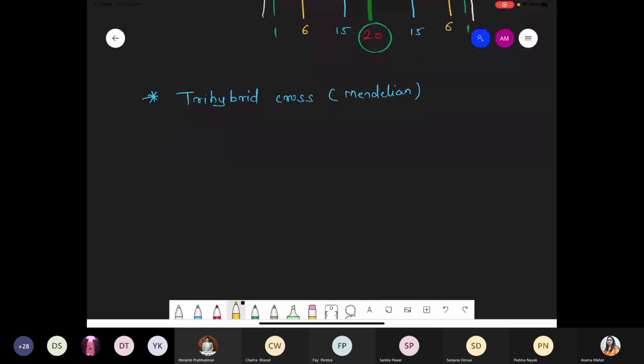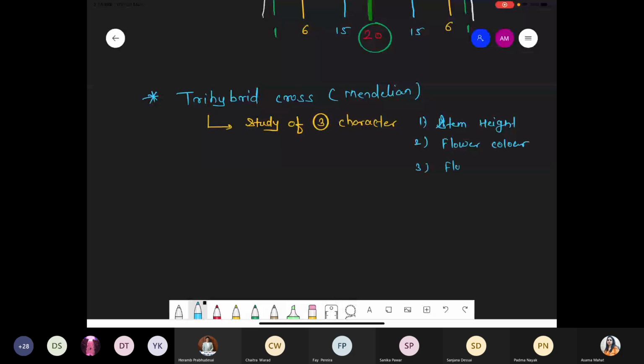Suppose a trihybrid cross means we are talking about the study of any three characters. Basically Mendel selected one character, that is stem height. Another character he selected is flower color, and the third character he selected is flower position.